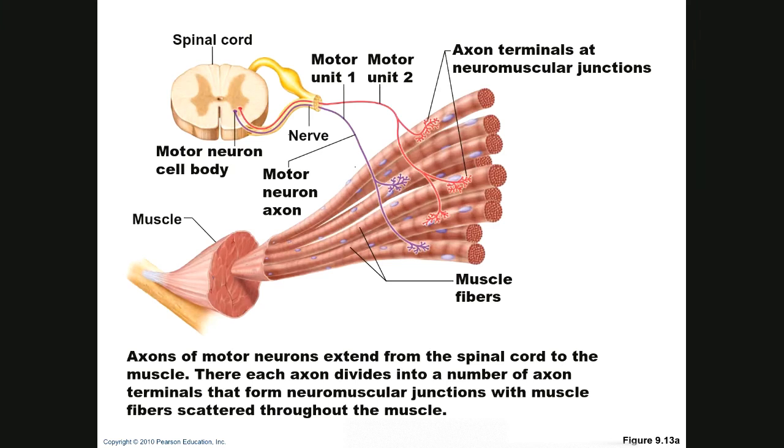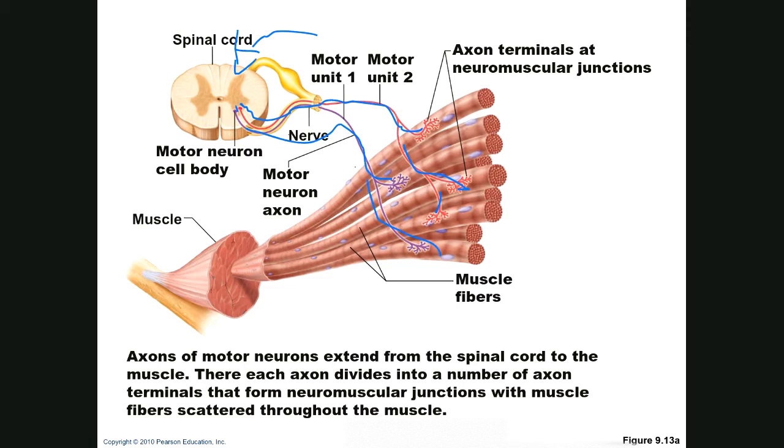This is the dorsal side, this is for nerve stimulation coming in. This is the ventral aspect, and it's motor signals going out. So one motor unit is going to go out and stimulate this fiber, this fiber, this fiber, and then another one will consist of this fiber and this fiber.